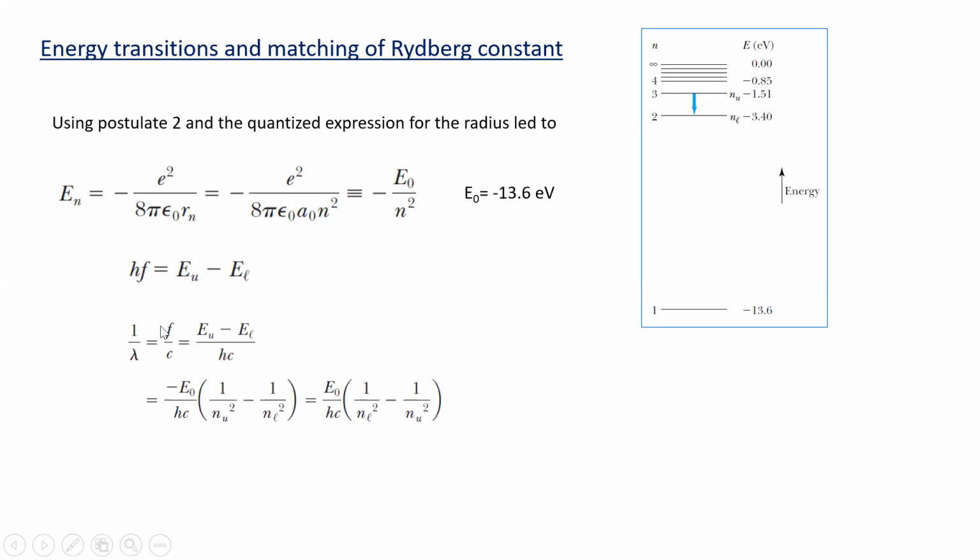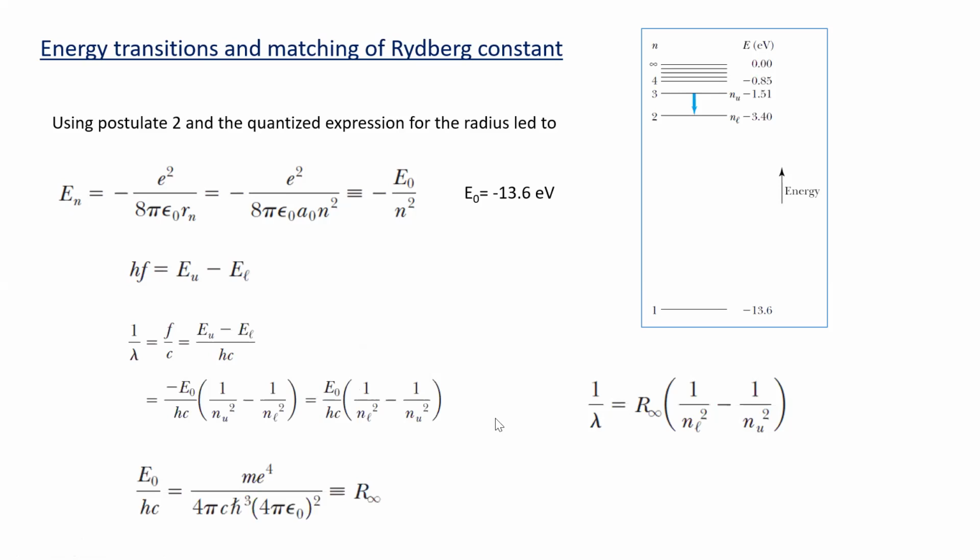And so 1 over lambda is equal to that. And that might look a little bit familiar. If you remember from when we looked at the spectral lines, the Balmer series, the formula which Balmer discovered was 1 over lambda is equal to a constant times 1 over an integer squared minus 1 over a larger integer squared. So we have exactly the same form coming from the Bohr model.